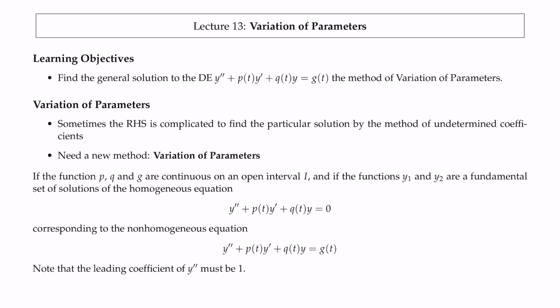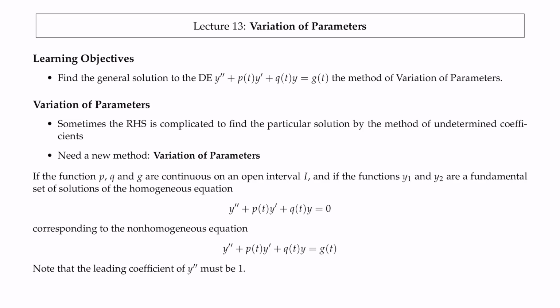Sometimes you have logarithmic functions. So those more complicated functions present on the right-hand side of the non-homogeneous equations. When that is the case, undetermined coefficients cannot be used to find a particular solution, so we have to move to another method. And the method, again, is variation of parameters.